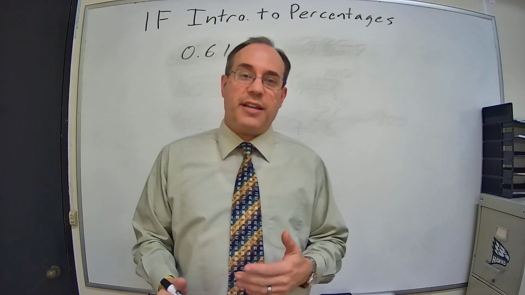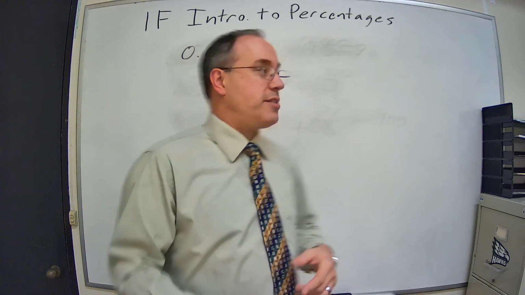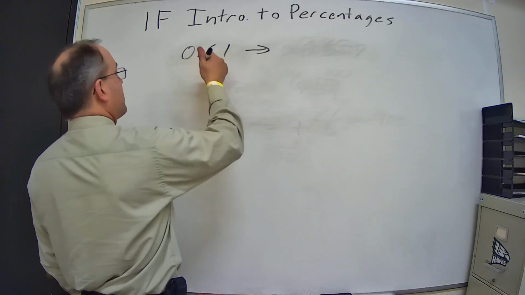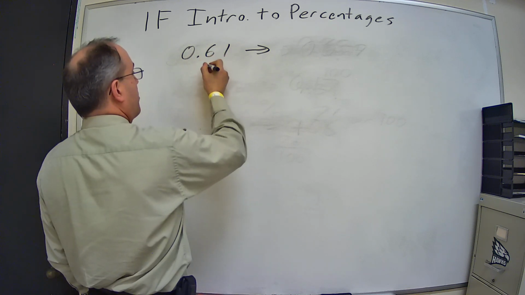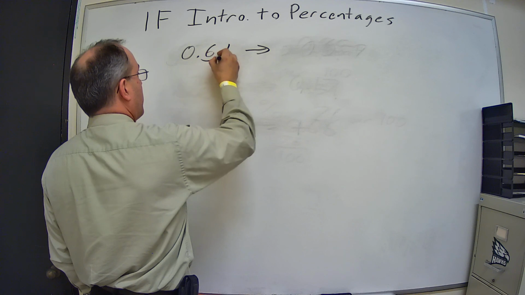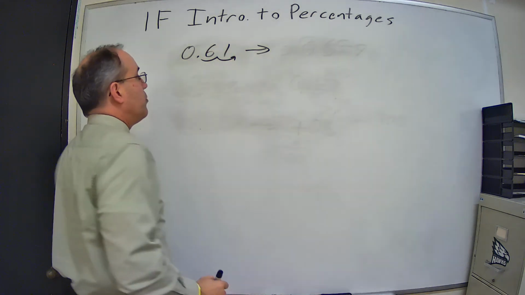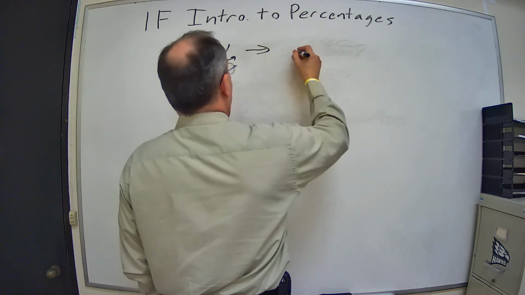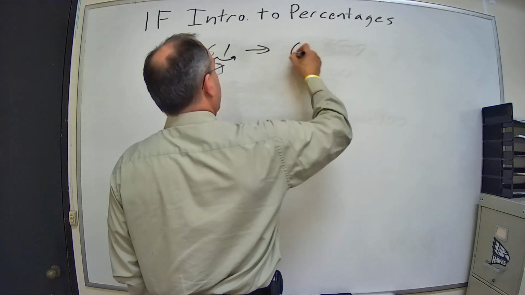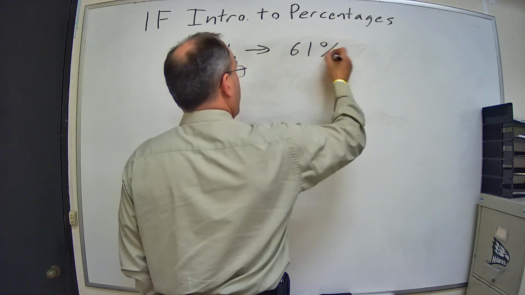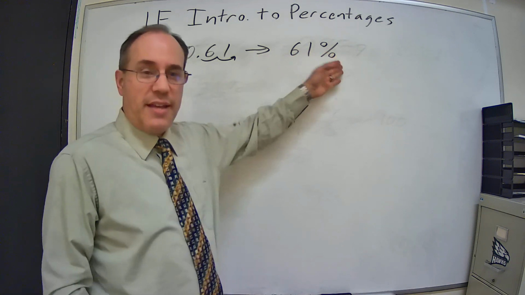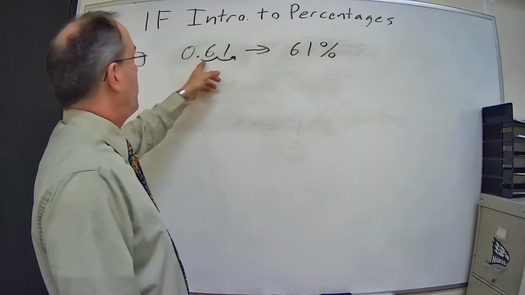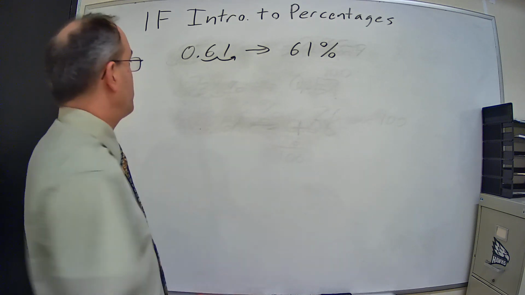So you move the decimal point 2 places to the right. So if I have 0.61, then to convert it to a percent, I'm going to go 1, 2, move 2 places to the right, and I get 61, and now I put that percent sign, 61% or per 100. So 0.61 becomes 61%.